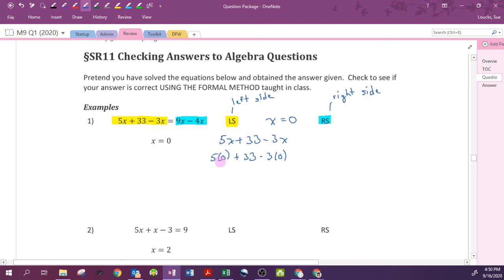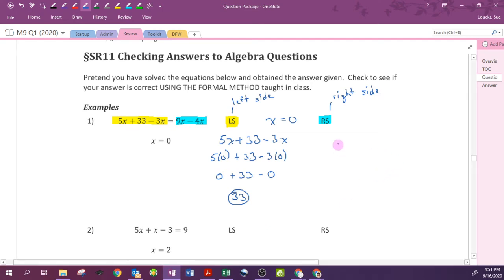And now I'm just going to simplify it like we did in those order of operations questions at the beginning of the course. So 5 times 0 is 0, 33 is 33, and 3 times 0 is 0, so our answer on this side is 33. Okay, that's as simple as I can get it. It's just a number. It's 33. That is what that side of the equation equals if x is 0. All right.